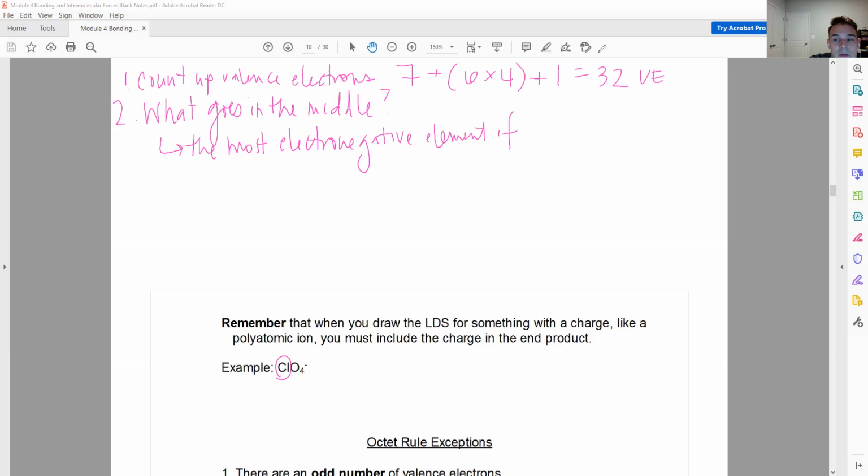I'm going to write that if it's not obvious. Okay, so in this case, we're going to have chlorine in the middle. So then what we do is we bond everything to the central atom.